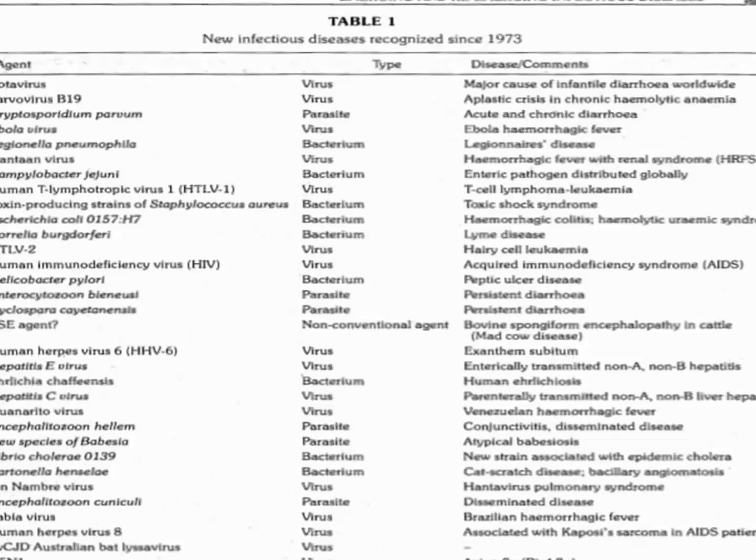So this is a disease list. This is a comprehensive disease list of diseases which have been reported since 1973. These are all diseases that were recorded and which caused high damage to a number of persons.